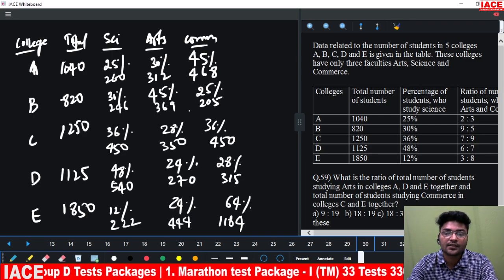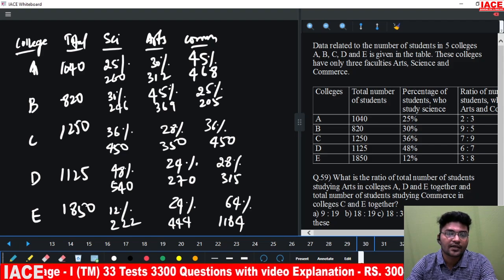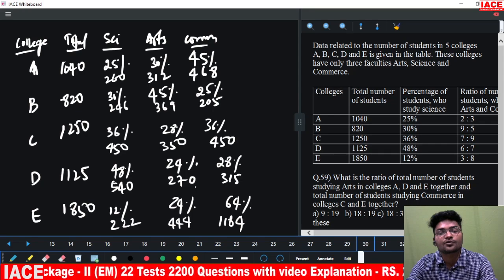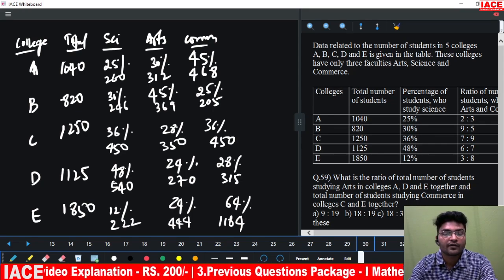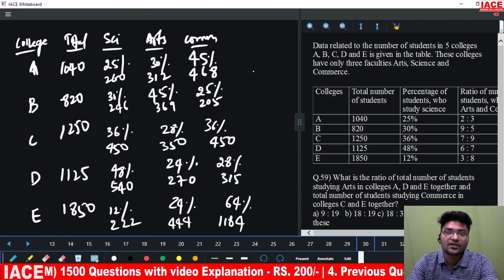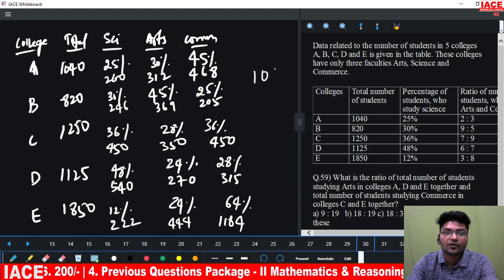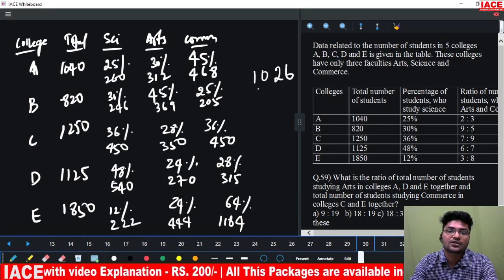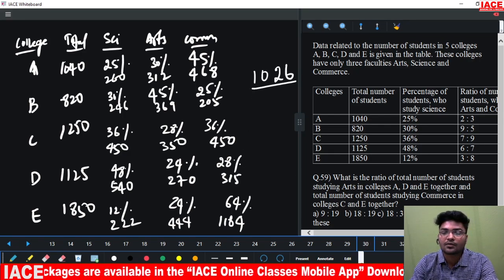So A, D, E students studying arts: A is 312, 270. 312 and 270 is 582. 582 plus 444 is 1026.